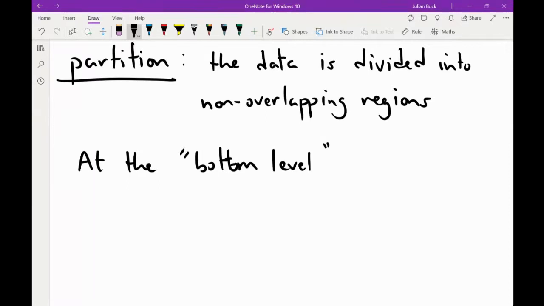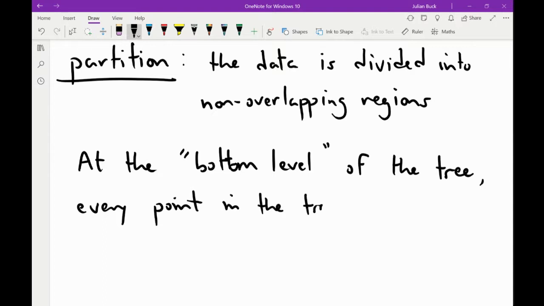So at the bottom level of the tree, every point in the training data is in exactly one node.